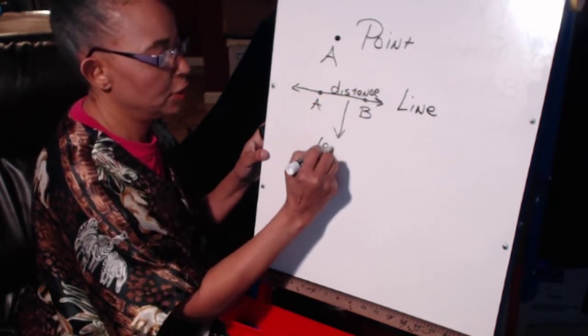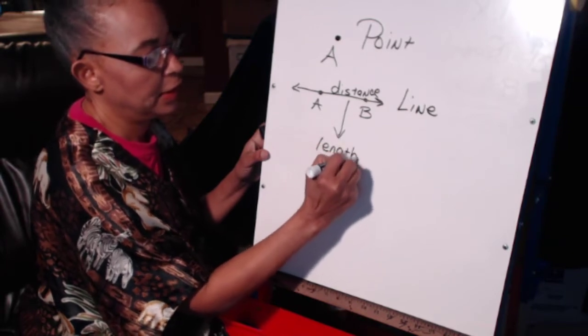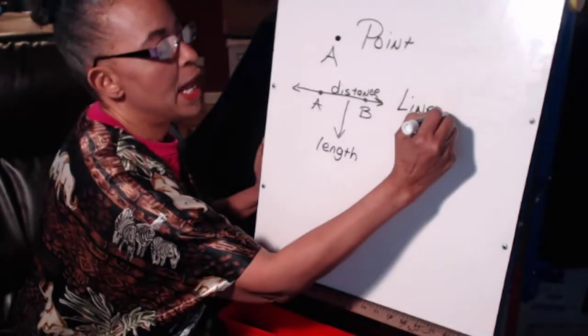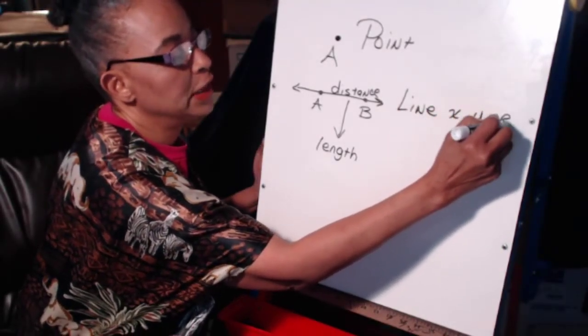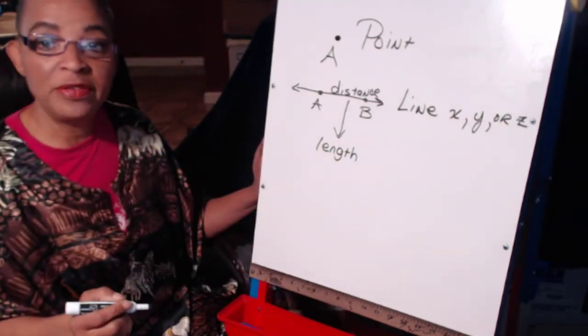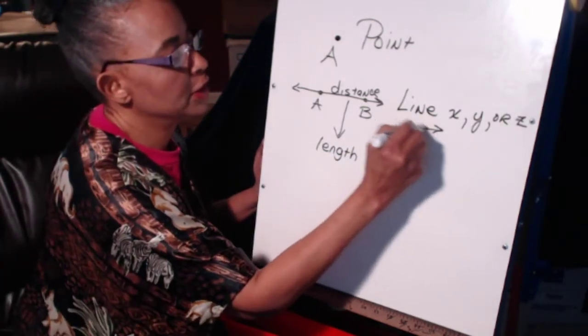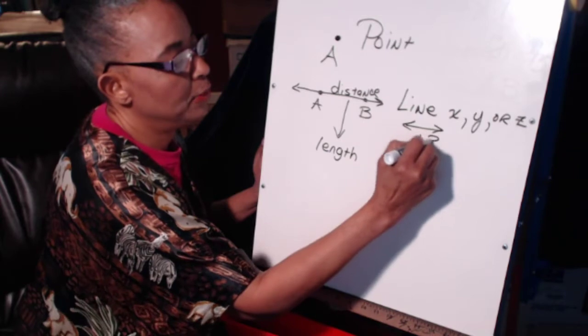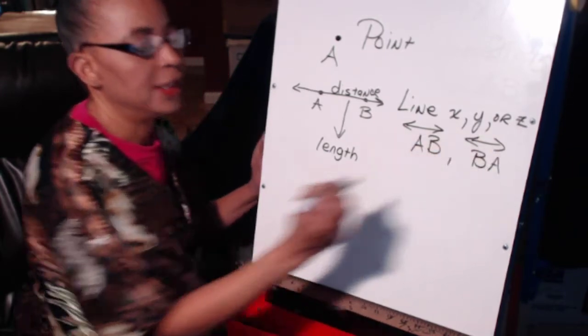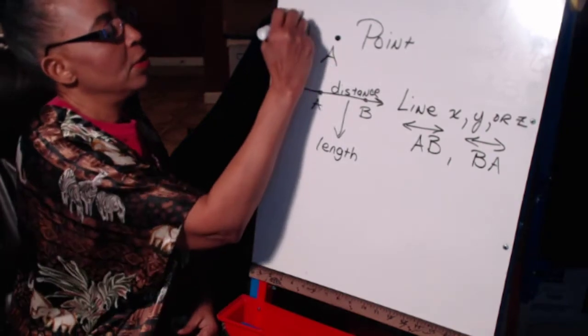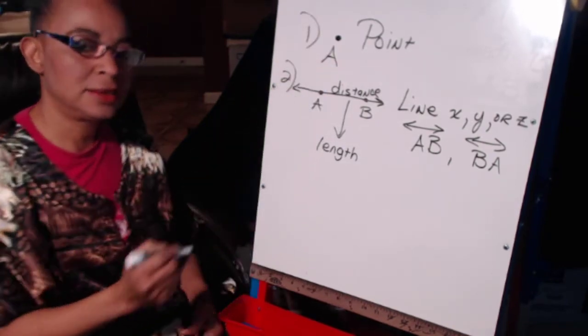Distance we also consider length. How far? That could be line X, Y, or Z, or some other value, but we can also say that it's line AB or line BA. So that's one. This is our second one.